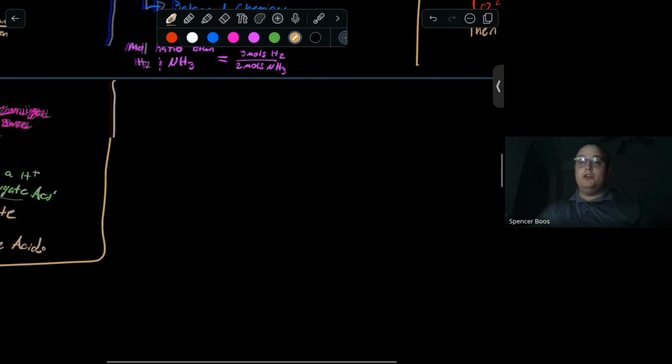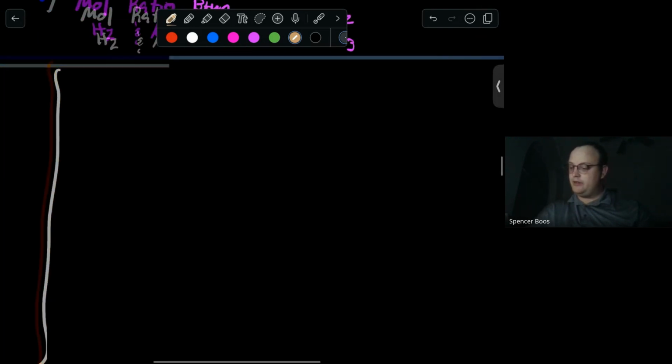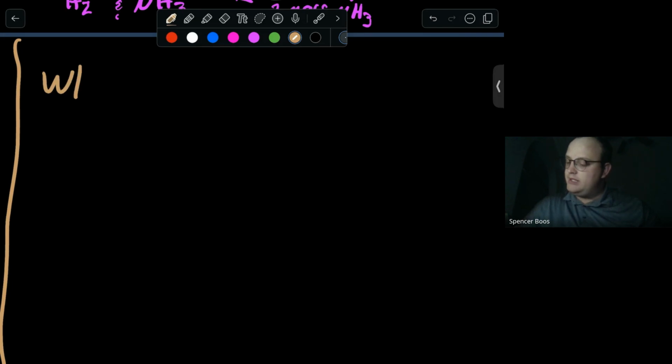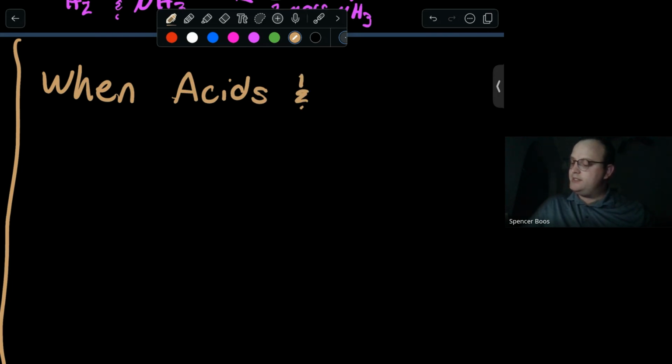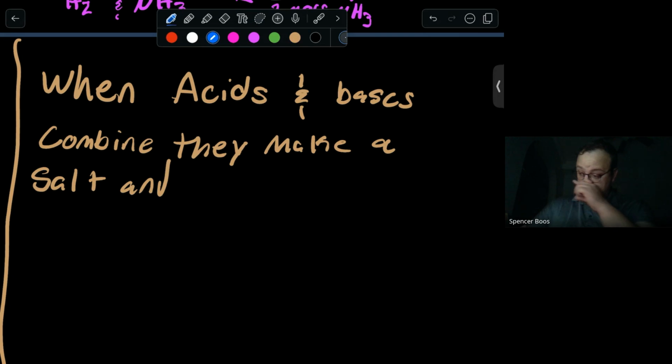Can we go over neutralization reactions? Yes. So when acids and bases combine, they make a salt and water, always.